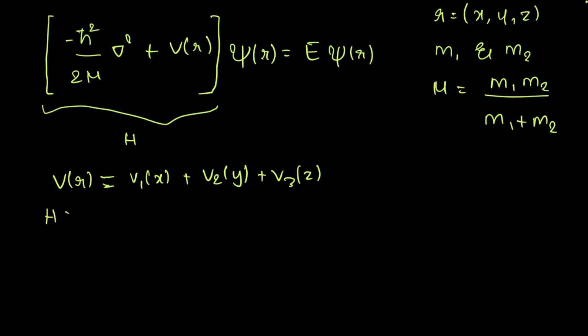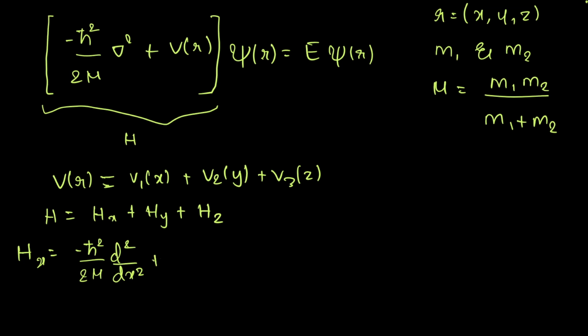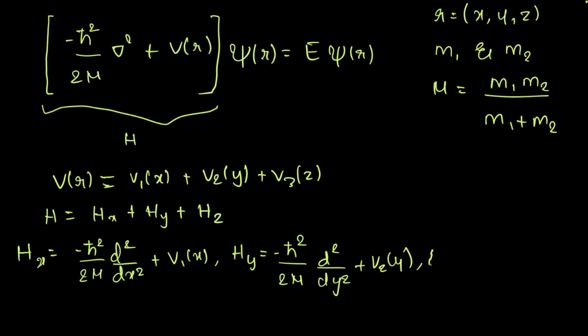Then the Hamiltonian we can also write as Hx plus Hy plus Hz, where Hx is equal to minus h cross square by 2 mu d square by dx square plus V1 of x, and Hy is equal to minus h cross square by 2 mu d square by dy square plus V2 of y. Then similarly we write Hz is equal to minus h cross square by 2 mu d square by dz square plus V3 of z.